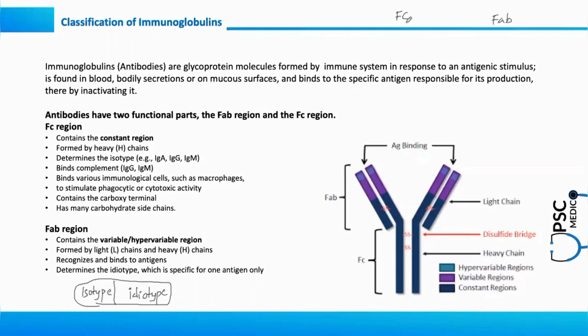Fc has only heavy chains, it is the constant or crystallizable region, and one more important thing is it binds macrophages or the complement system, and it determines the isotype. Next is Fab, it determines the idiotype. It has both heavy chains and light chains. It is an antigen binding site, and it is made up of both heavy and light chains.